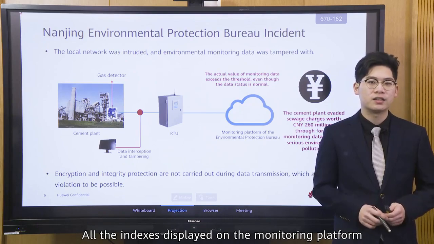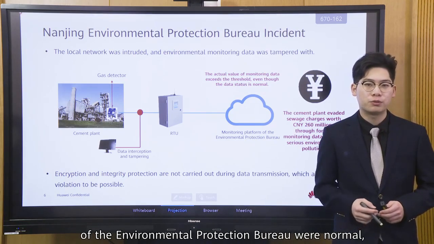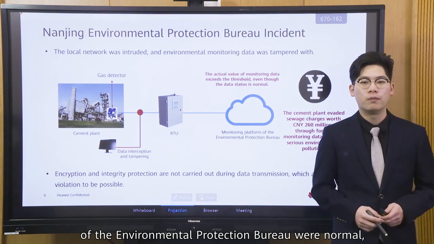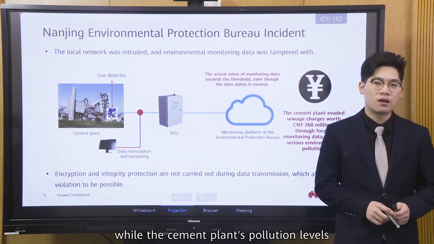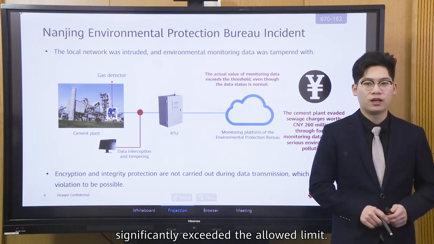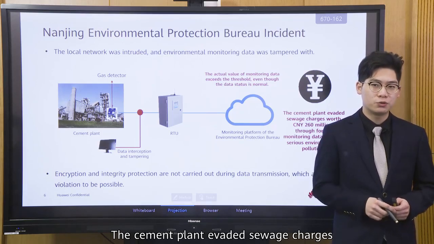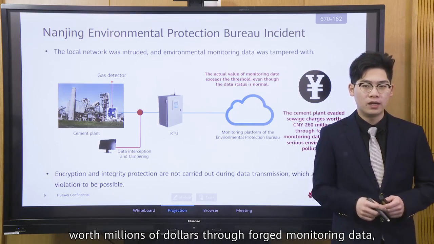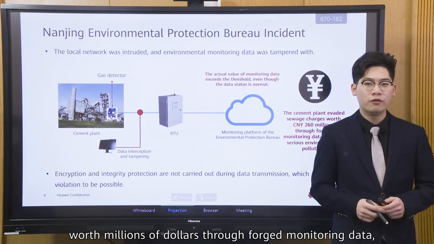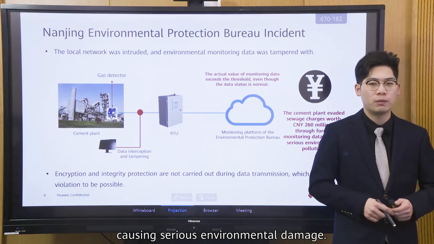All the indexes displayed on the monitoring platform of the Environmental Protection Bureau were normal, while the cement plant's pollution levels significantly exceeded the allowed limit. The cement plant evaded sewage charges worth millions of dollars through forged monitoring data, causing serious environmental damage.